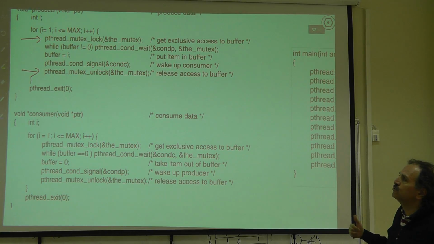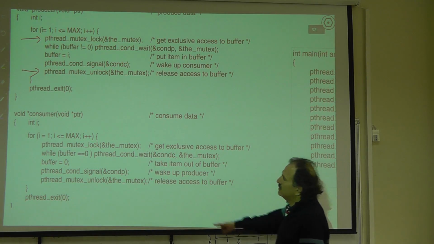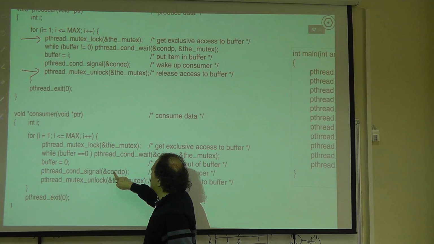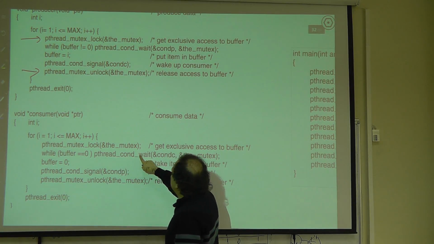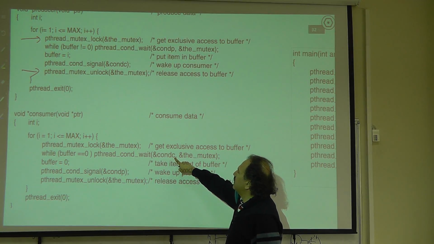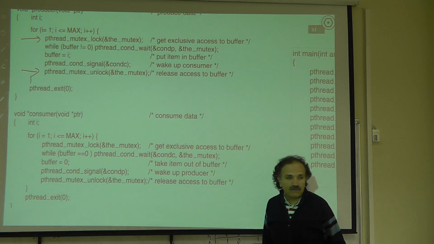Producer signals the consumer when it is done. Consumer signals the producer when it is done. When it is going in, it says that I am waiting for the consumer condition variable to be available. Any questions?